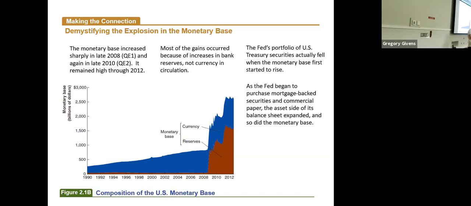And as the Fed accumulated all of those assets on its balance sheet, how did they pay for them? By issuing bank reserves to the counterparties that held all those assets to begin with.